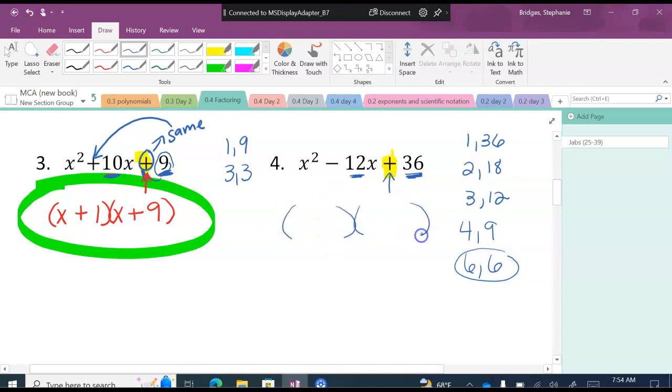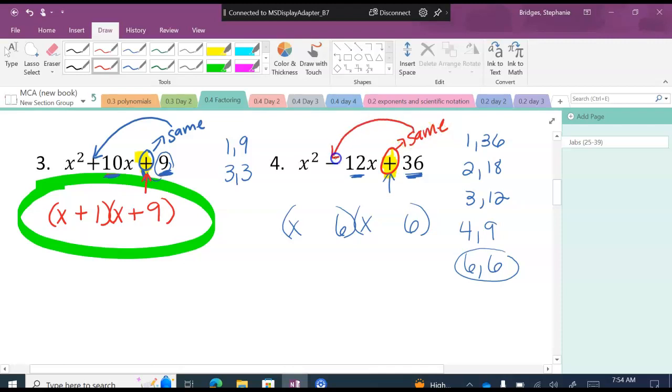So I'm going to use this pair of factors, so I'm going to set up my 2 parentheses. Again, to break down the x squared, I just put an x in front of both of my parentheses. And then because I chose 6 and 6, I'm going to put those in the back of the parentheses. And then again, using this rule, my second sign is a plus sign, which means in my parentheses, my signs are going to be the same.